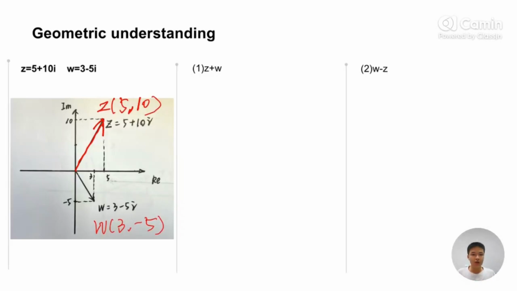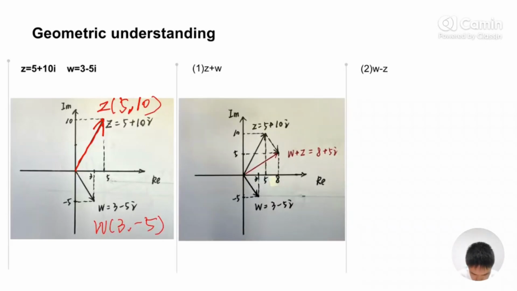So what about z plus w? We move this vector w to this position. So we get the new vector, which is w plus z, and it equals 8 plus 5i.